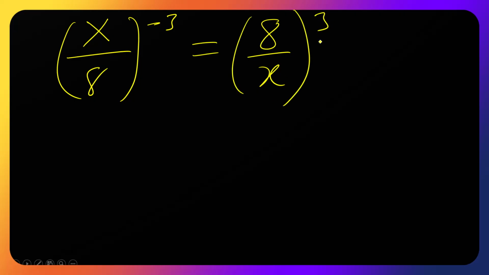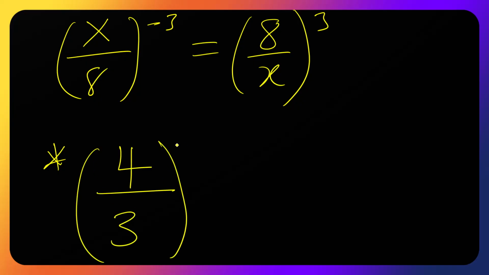Understand this? Okay, so observe this: 4 on 3 raised to minus 6. So what is the answer here? You can put the answer under the comment section below. All right.